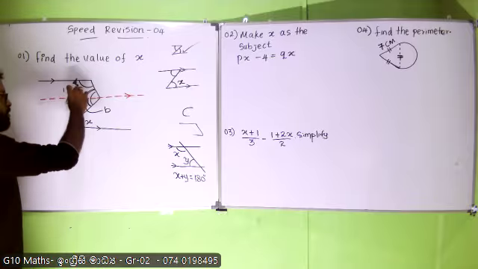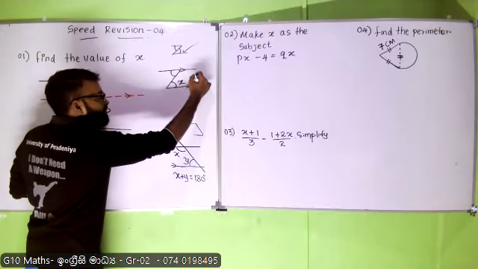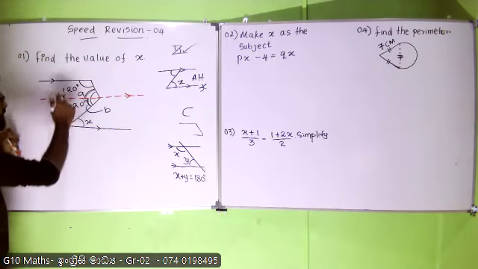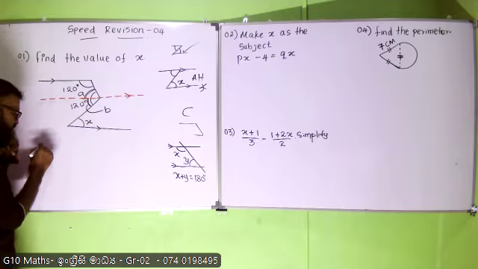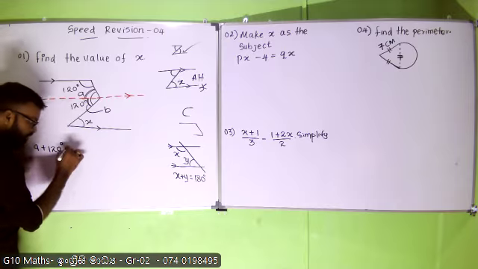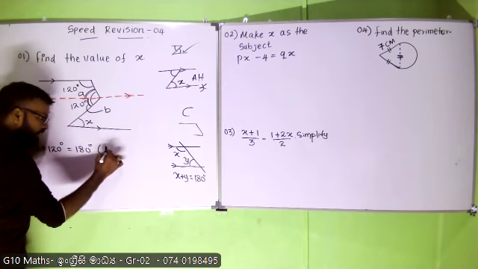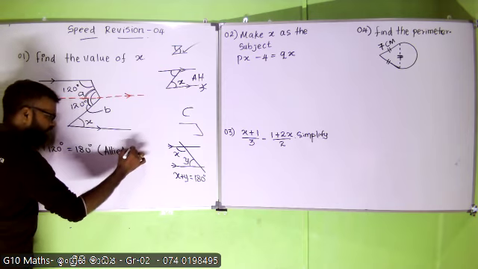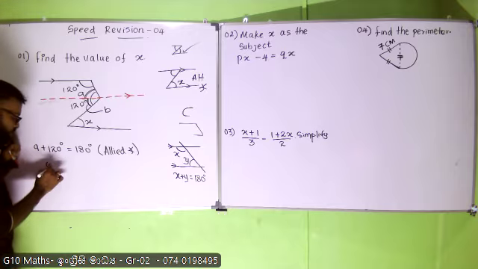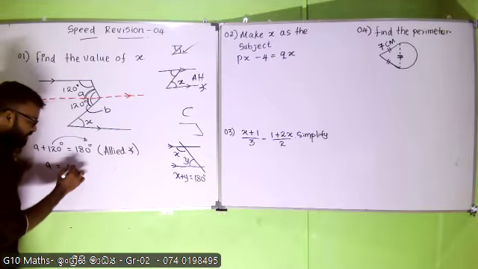So by using C type of angles, allied angles, and Z type of angles, which are alternate angles, I will simplify this. A plus 120 degrees equals 180 degrees. The reason is allied angles. So you get A as 60 degrees.